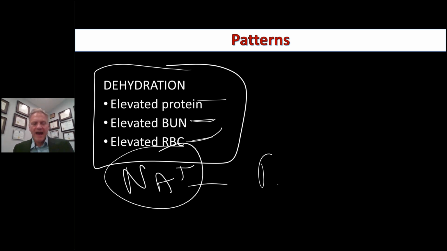So let's take it back. Somebody has a protein that's sitting at 7.8. And I look, BUN looks normal or looks low, and the red blood cells look normal, sodium looks normal, albumin is not elevated, then I'm not thinking dehydration, I'm thinking inflammation for some reason.